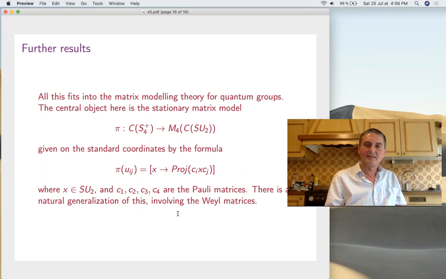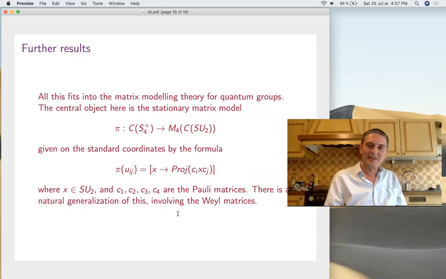And there, the central object is not exactly Hadamard matrices, but rather the Pauli matrix model for S_4^+. It's very similar to the Hadamard construction. You do somehow the same thing, but instead of the rows of a Hadamard matrix, you take the Pauli matrices, the quaternions. This is very interesting. That's something I did with Benoit Collins, and then with Bichon. It's related to many things.